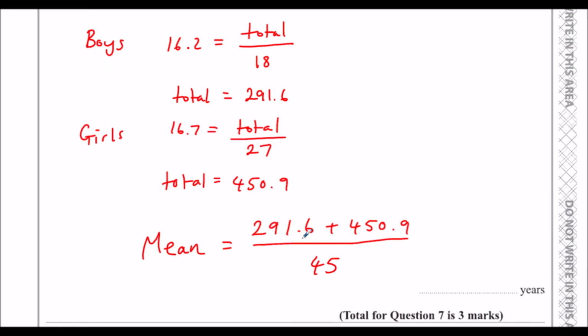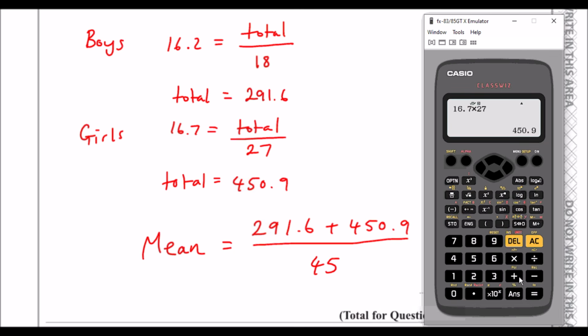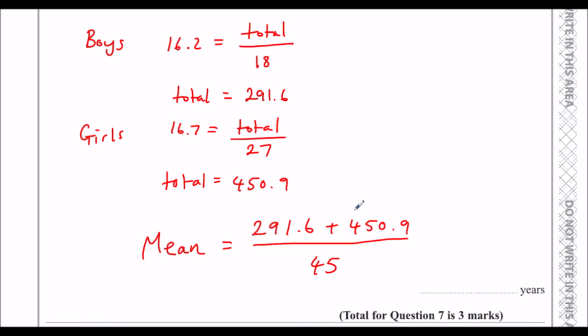So all the ages of the boys and the ages of all the girls added up and divided by 45. So I stored 291.6 as A. So these two numbers added up makes 742.5. Then divide by 45, and we have 16.5.